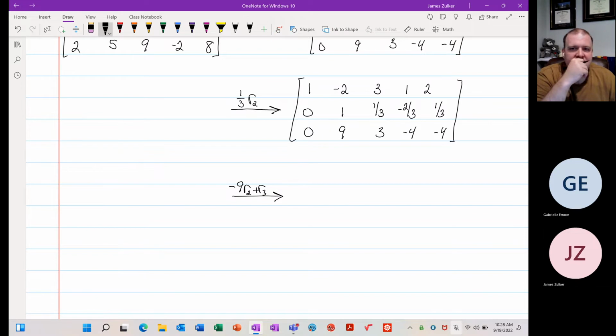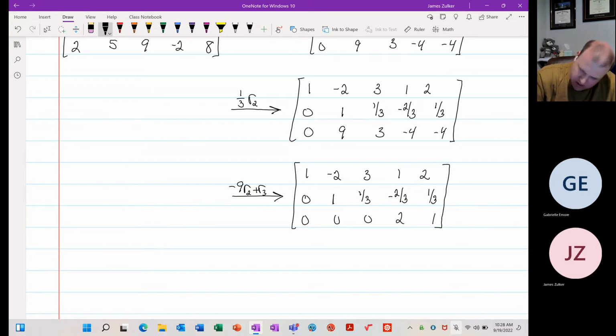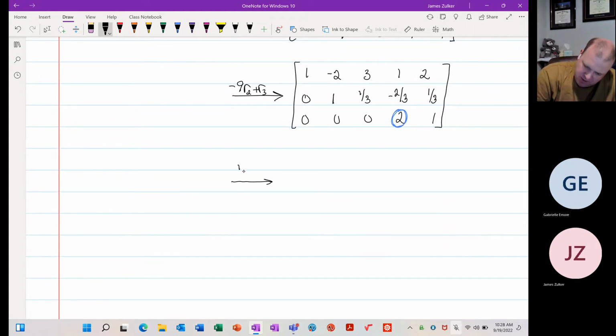We can now zero out that 3,2 entry. Our new pivot is that 2, so we just make it 1.